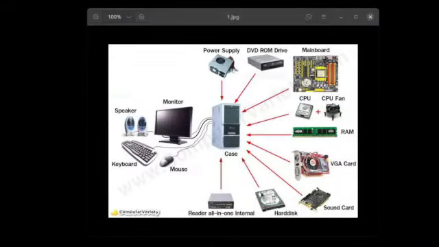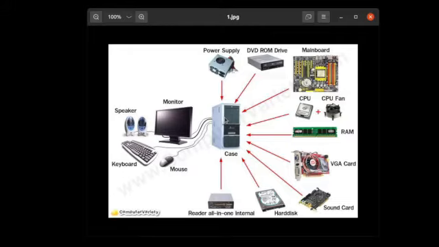Okay, so at first we need to know how the computer works and which parts it contains. From outside, a computer has a keyboard, mouse, and also the monitor and a case. So what is happening inside the case, which you see here?